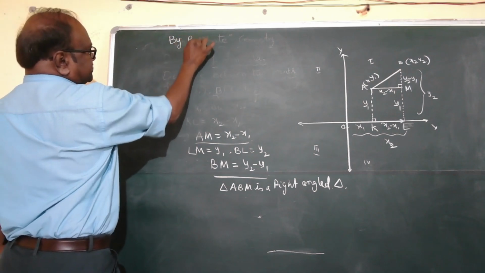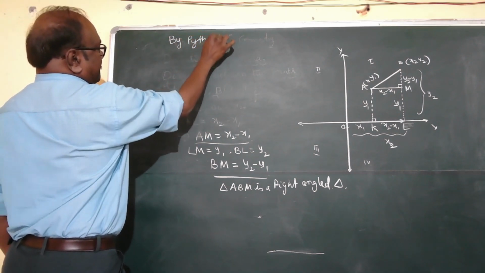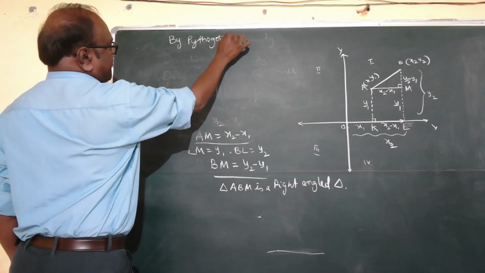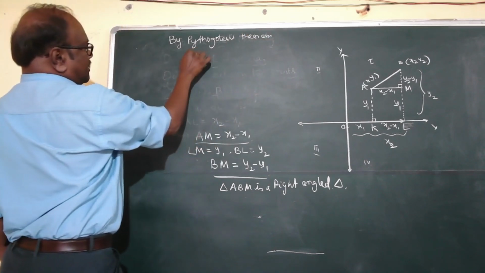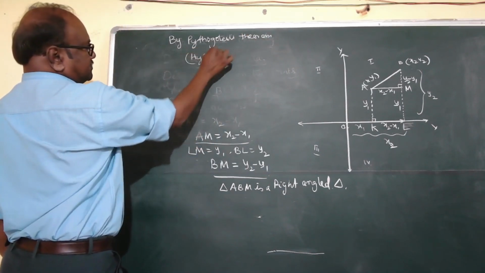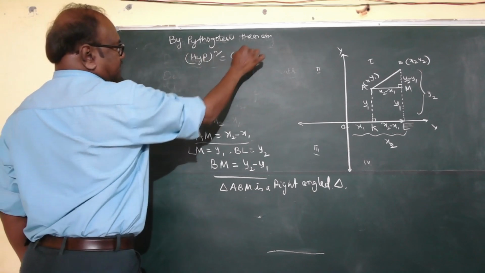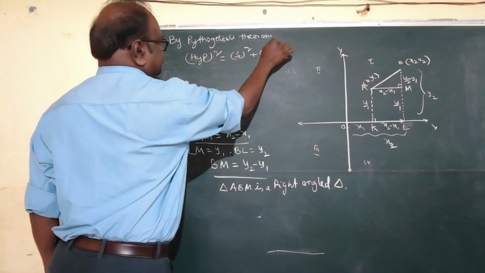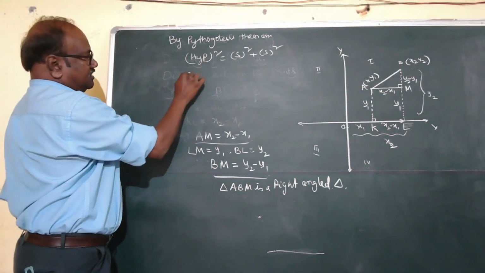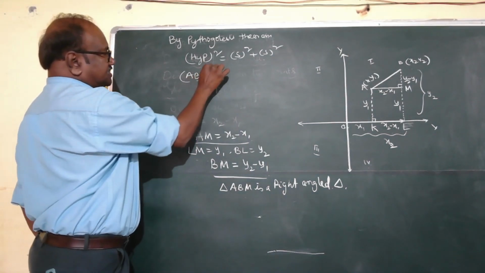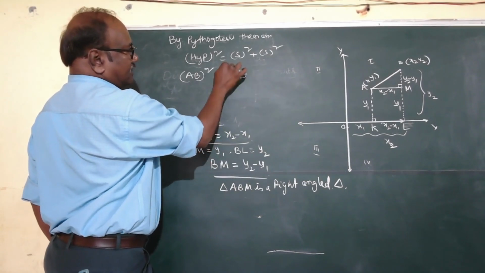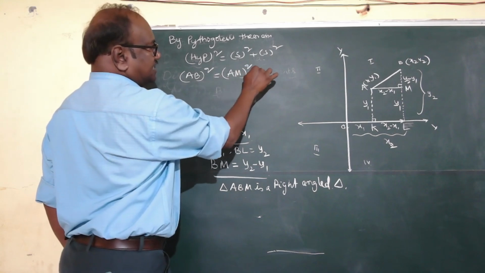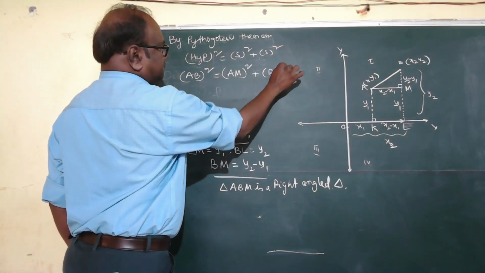By the Pythagoras theorem, hypotenuse square is equal to side square plus side square. The hypotenuse is AB. AB whole square is equal to AM square plus BM square.